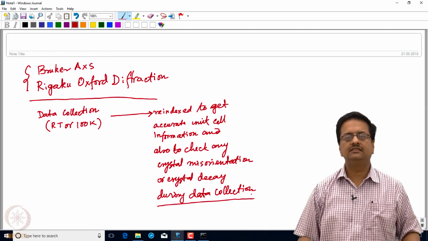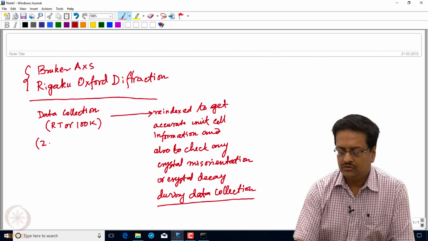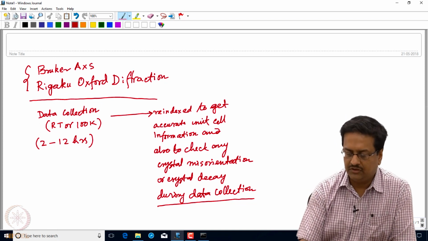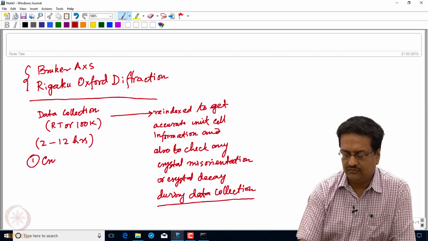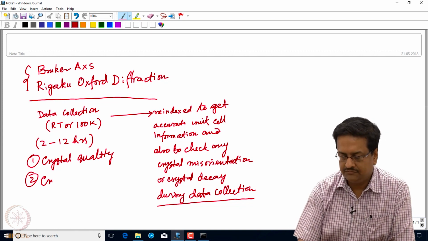Remember, each and every data collection takes about 2 to 12 hours, depending on, number one, the crystal quality, number two, the crystal system.